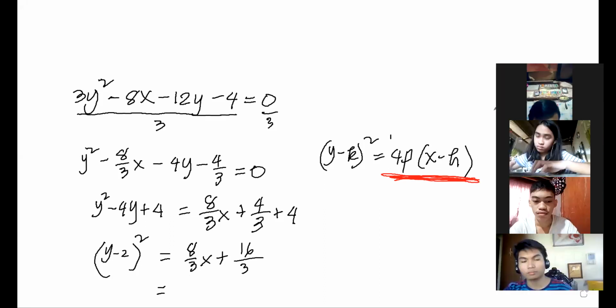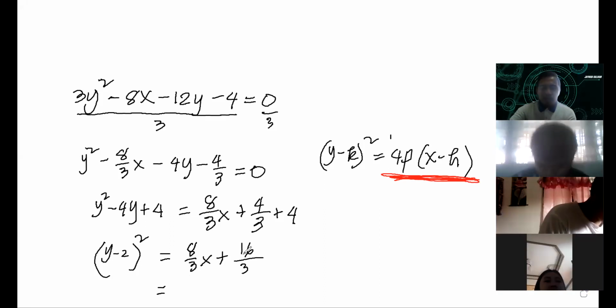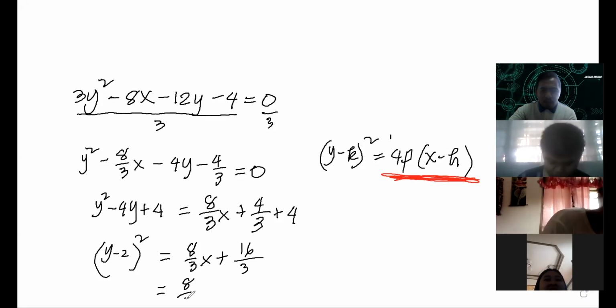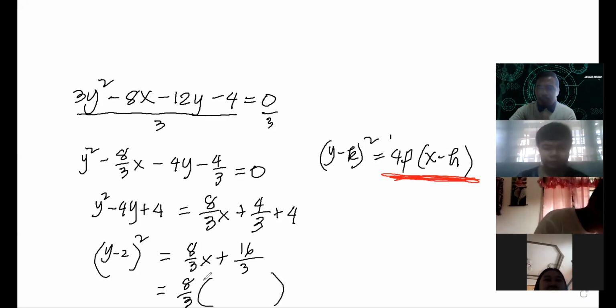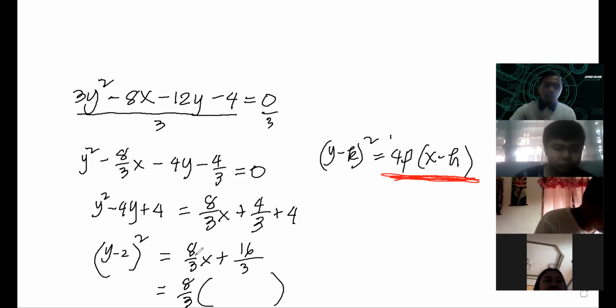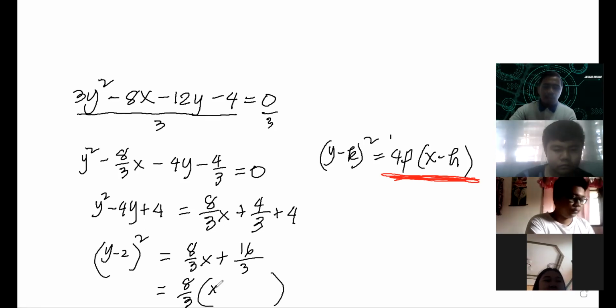Very good. You will be factoring out the 8/3. Always bear in mind, unsa ang number nga beside ni x i-factor out jud na. So if you do that, it will only be x here. How about here?